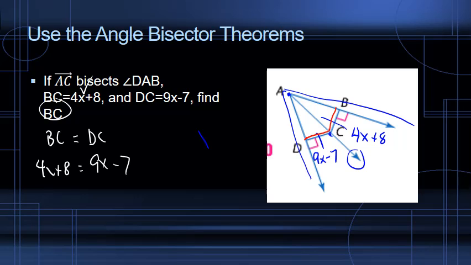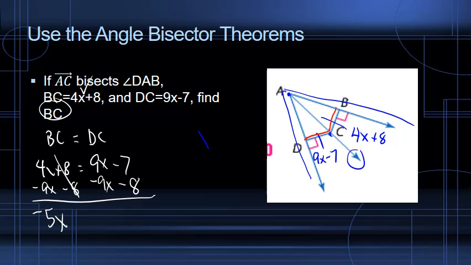All right, so let's see. Well, I like to always put the variables on the left, even though it's going to give me a negative, I see. So let's subtract 9x from both sides, and let's subtract 8 from both sides. That's going to get our variables all on the left and our constants on the right. So let's see, 4x minus 9x is going to give me negative 5x. 8 minus 8 is going to cancel.